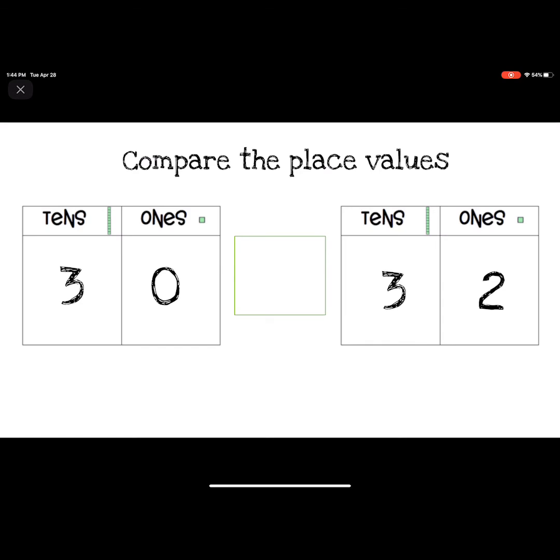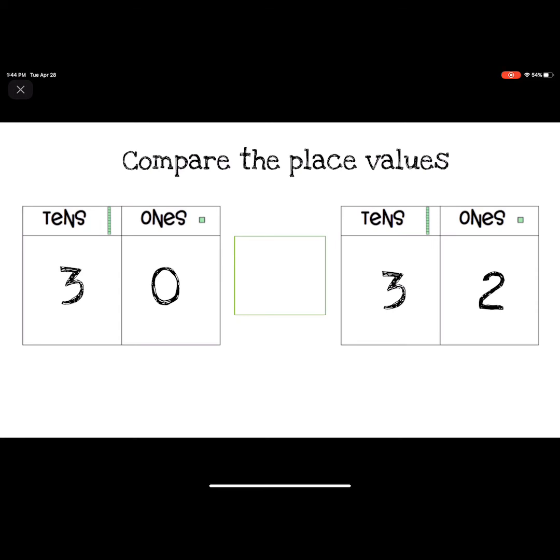Since they are the same in the tens place, we're going to move next door to the ones place. Look at the ones place in 30. What do you see there? A 0. So 30 has 3 tens and 0 ones. 32 has a 2 in the ones place. So it has 3 tens and 2 ones.